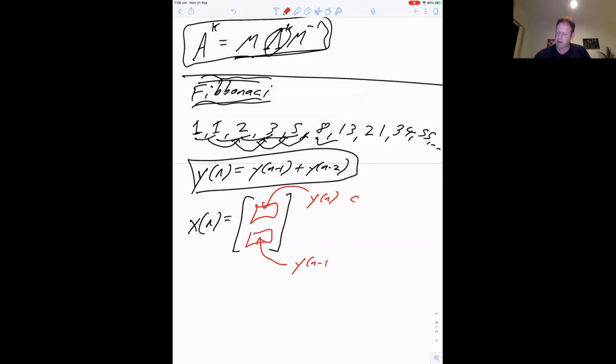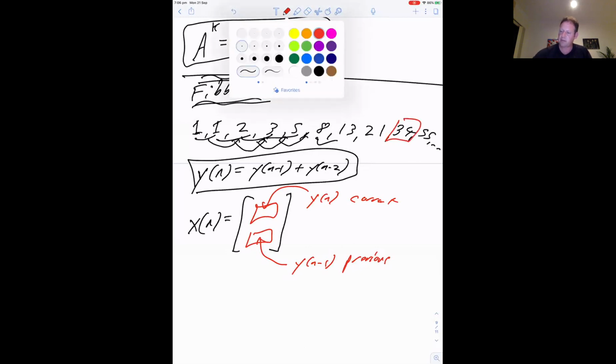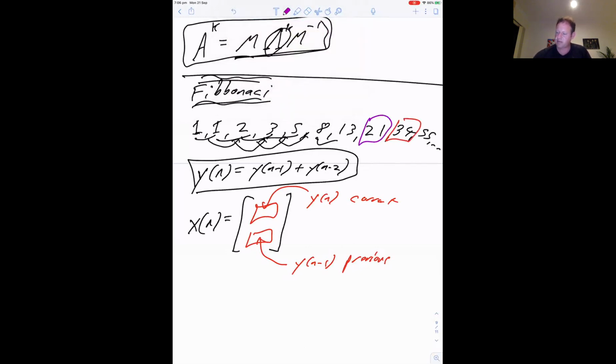So this is the current, and that's the previous. If you want to know at any time, let's say this 34 depends on the previous, which is maybe the current, and the one before that. So you can represent the state of the system as a two-dimensional vector.